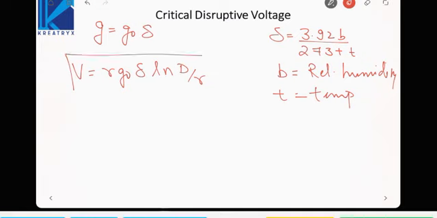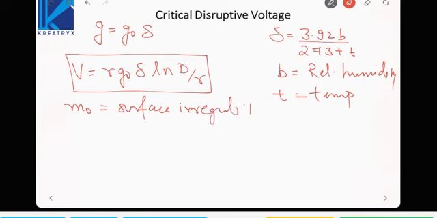But as we studied, corona is higher in case of stranded conductor as compared to solid conductor. So I haven't taken any factor which will indicate that the corona loss will be higher in case of stranded conductor. So we must consider a factor which corresponds to the surface of the conductor, whether the surface is smooth or rough. So we consider another factor, m naught, called the surface irregularity factor.